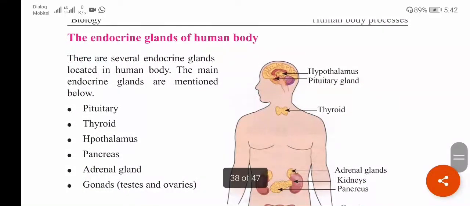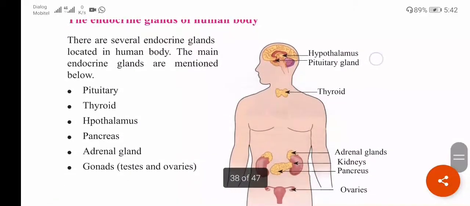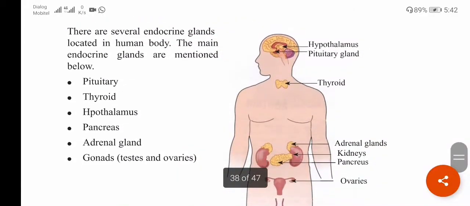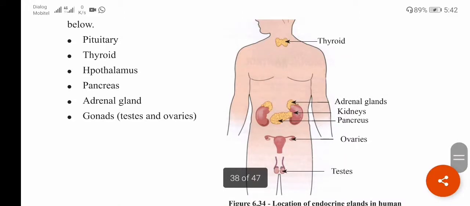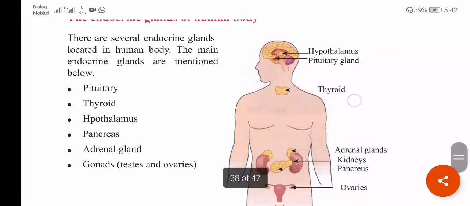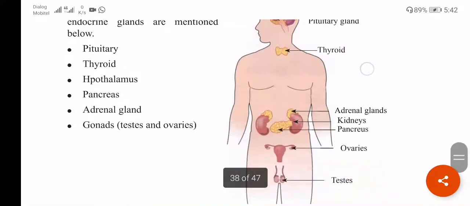Let's see the endocrine glands of the human body. Some examples are given: hypothalamus, pituitary gland, thyroid gland, adrenal glands on the kidney, pancreas, ovaries, testes. You can see them in the picture.